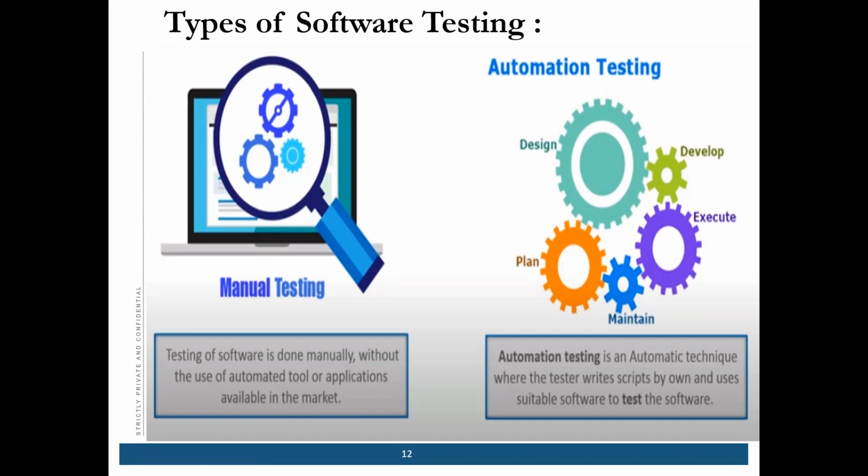There are mainly two different types of software testing. First is manual testing, and the second is automation testing. When we do manual testing, we are not using any particular tool.